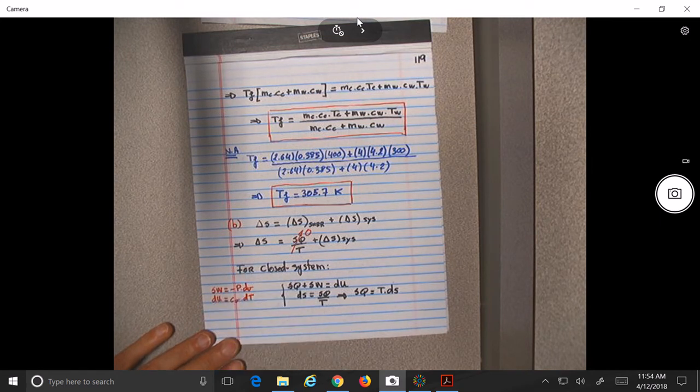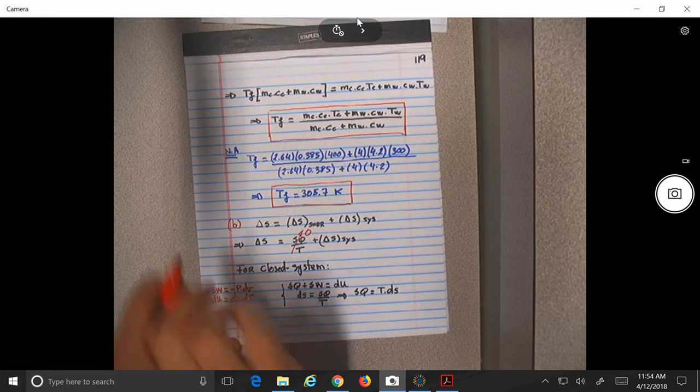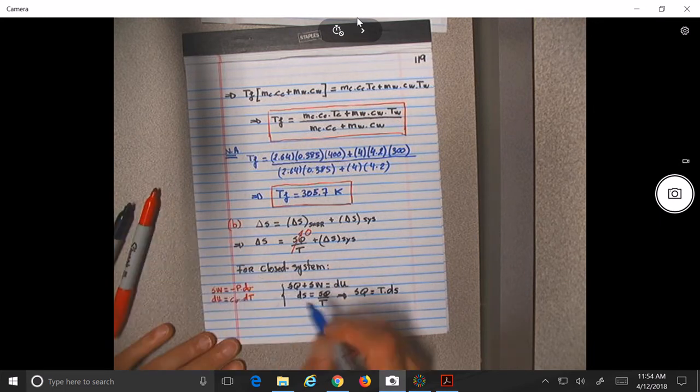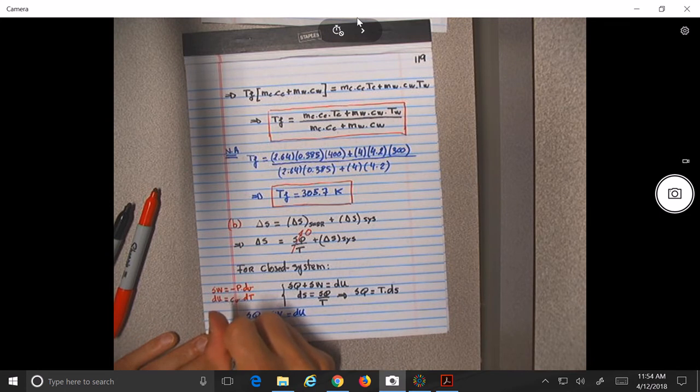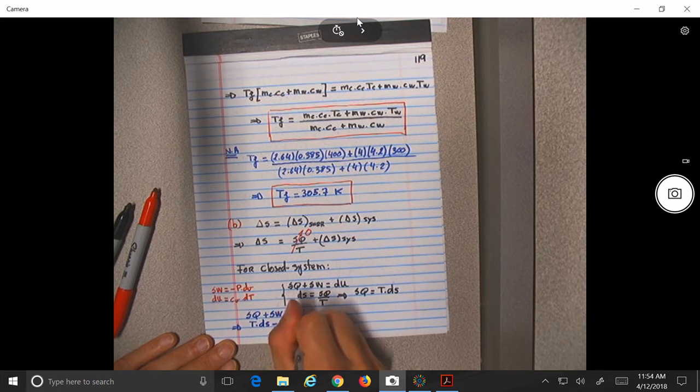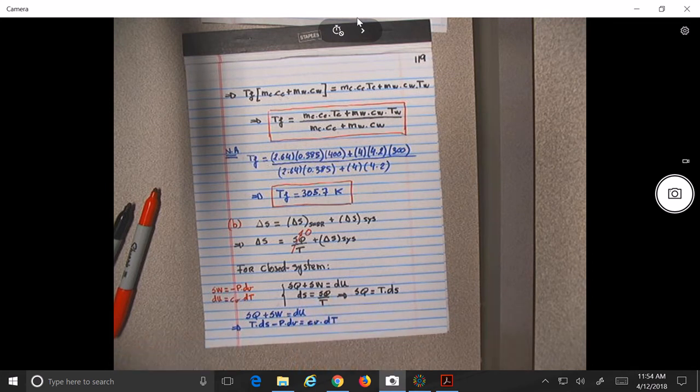C sub V dT, no? Okay? So if I combine all this, this will become what? We can rewrite this as TdS minus PdV equal to C sub V dT, which is the same thing that we did when we did the derivation.